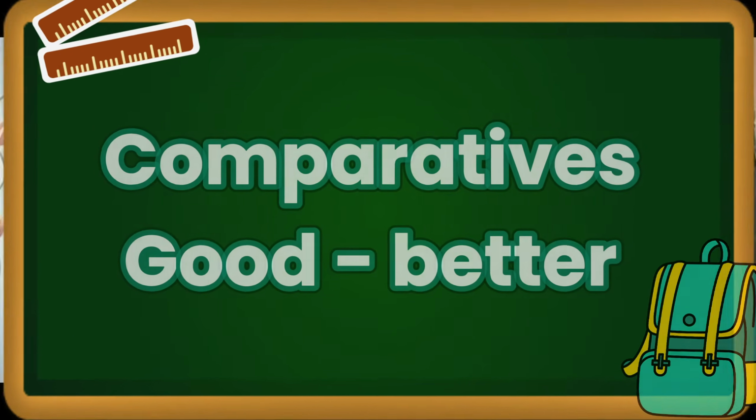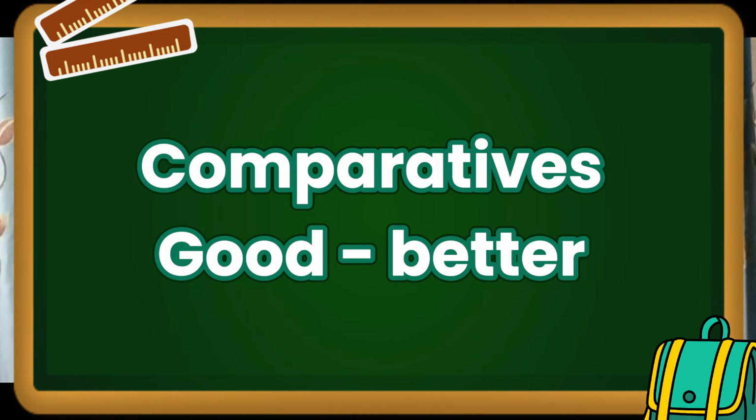What is the comparative form of good? The comparative form of good is better. How do we get that? Now, when you want to compare two things, remember I said comparative adjectives are adjectives that compare two things. When you want to compare two things using the irregular adjective, we don't use the regular er or est.